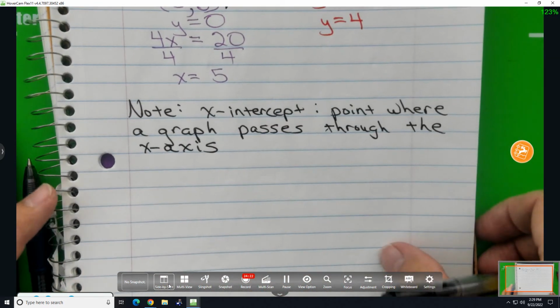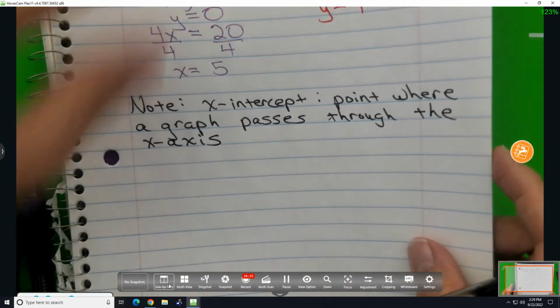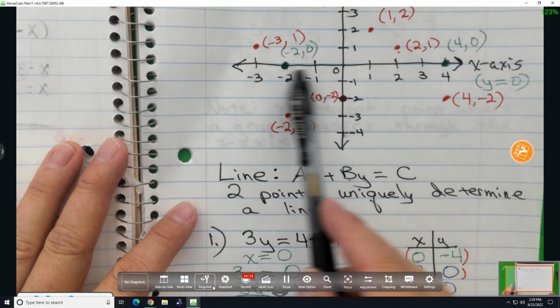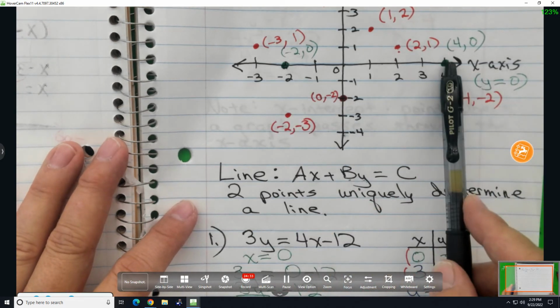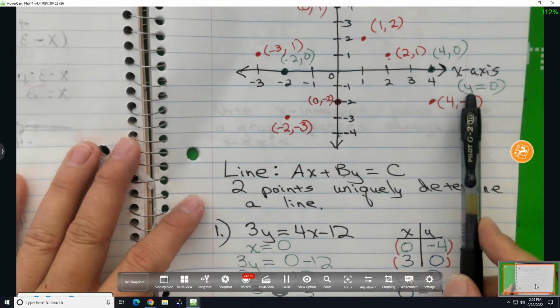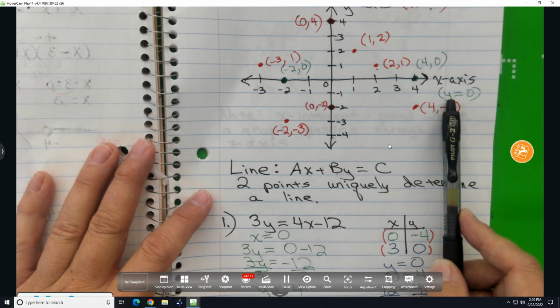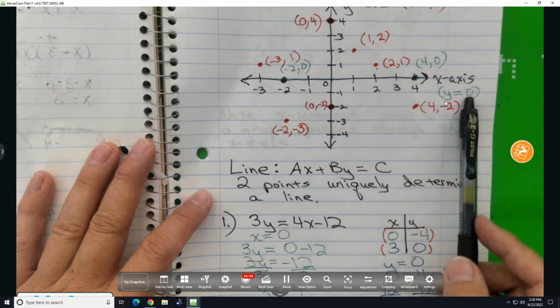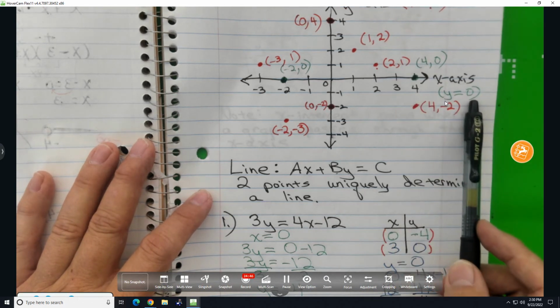And I'm going to make another observation. Remember what I said earlier: if a point is on the x-axis, what do we know about the y value? The point can't go up or down, so the y value must be 0.